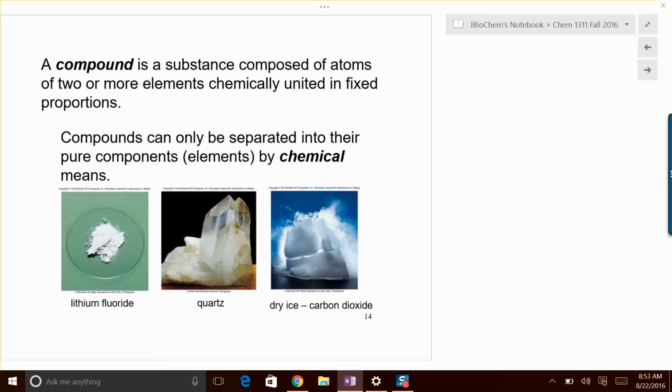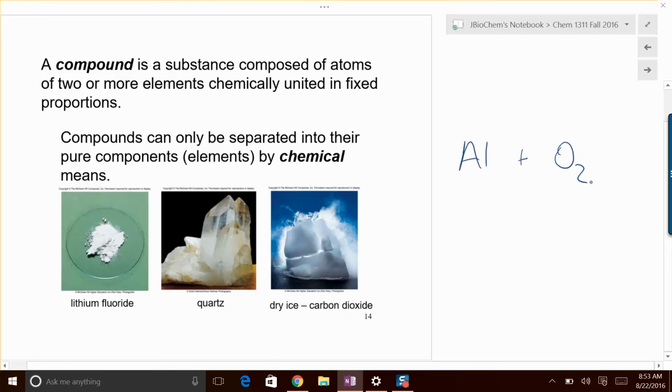Now, a compound is a substance composed of atoms of two or more elements, and they're chemically bonded in exact ratios, exact proportions. Okay, so if you have aluminum plus oxygen, those two things react.